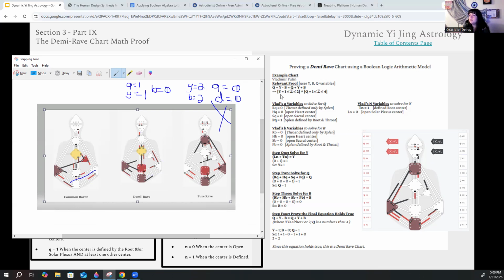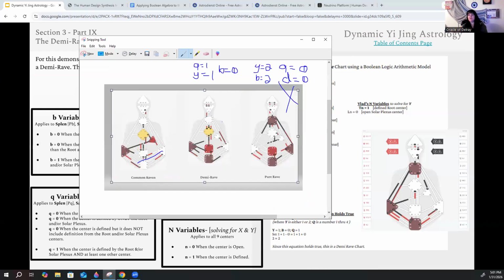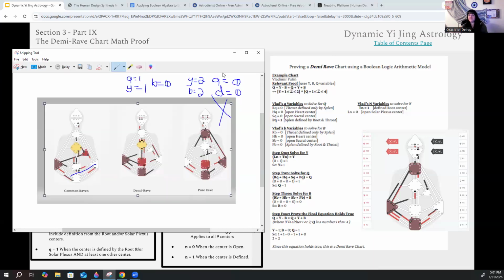You want them to be integers like that, and B is 0. So it would be 1 plus 1 minus 0 equals 1 plus 1 plus 0, similar to this. It is a demi-wave chart, and all other chart types will fail for one reason or another.